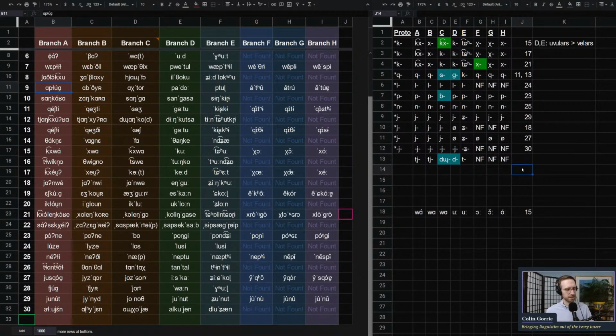So I think based on 9, we may want to consider this set of correspondences.